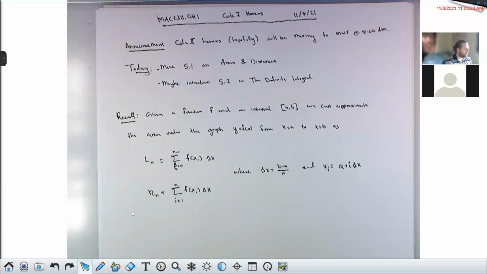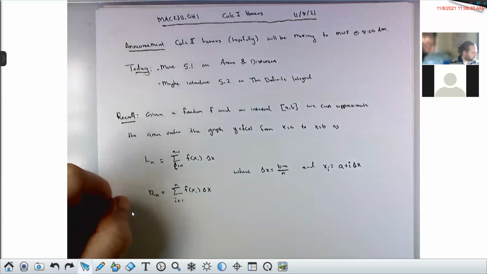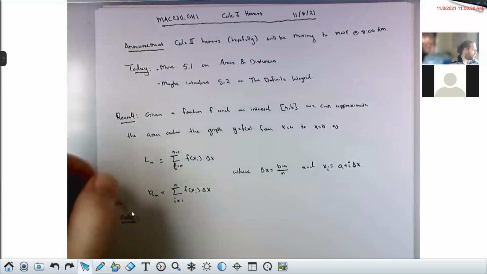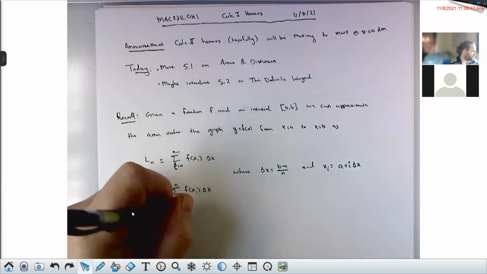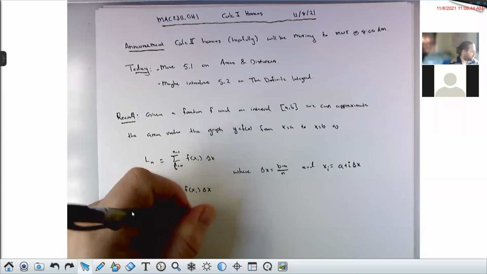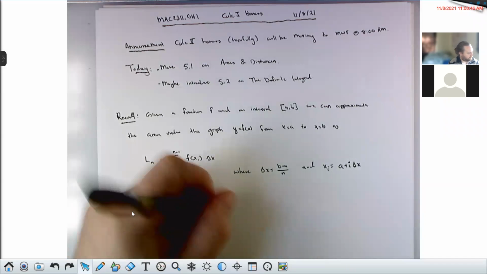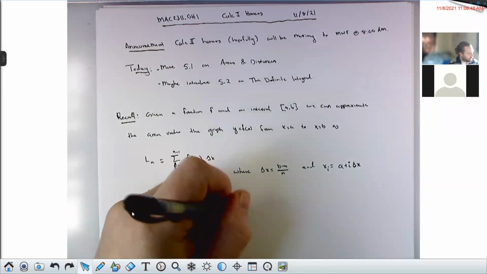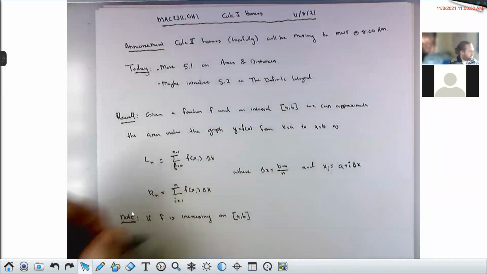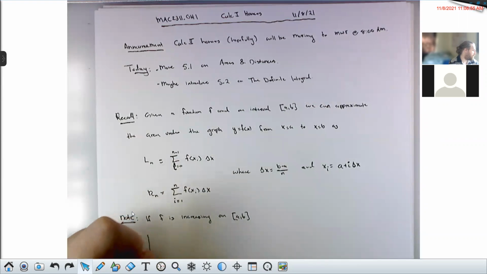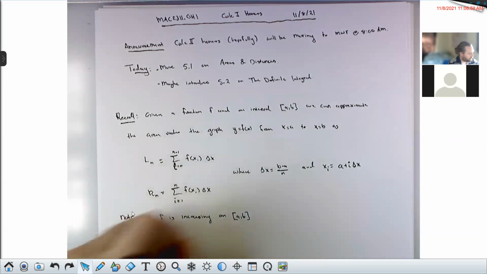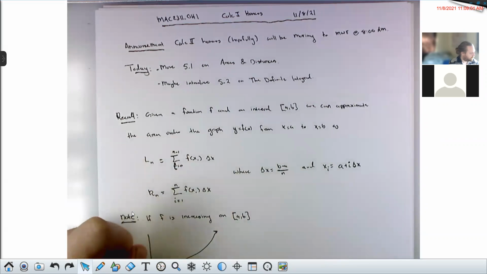But I wanted to say here, it's a little note. If f is increasing on the interval [a, b], something like this.